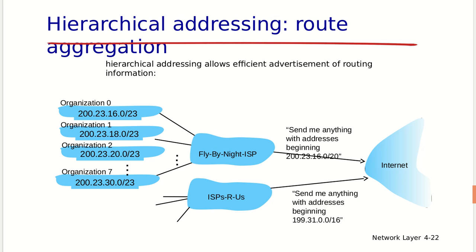So if you compress the IP addresses to a single IP address range, and you represent it in such a way that all of this is covered by one single IP address, or maybe more than one IP address, then you can just put that IP address in the routing table, and you can tell the internet that if you have traffic for this particular IP address range, just forward it to fly-by-night ISP, and that is going to conserve the memory on the routing table and make the operation of searching for the actual interface where it needs to be forwarded within the routing table much more quick.